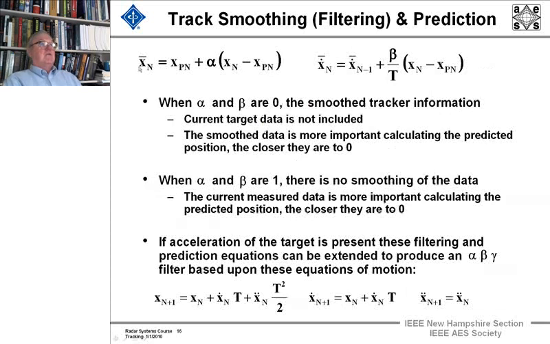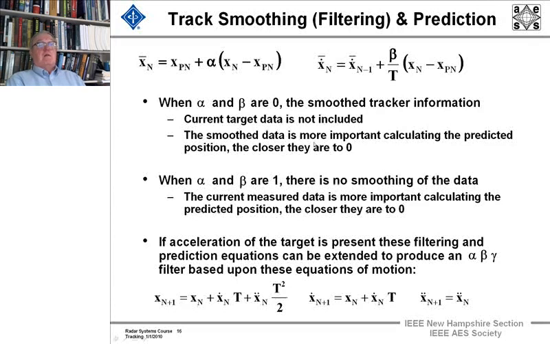Okay. Now here are those two equations. When alpha and beta are 0, the current target data is not included in the smoothed tracker information. The smooth data is more important in calculating the predicted position the closer they are to 0.